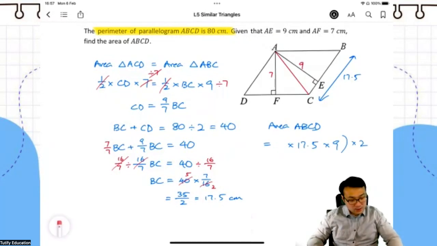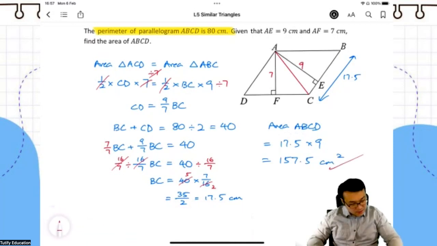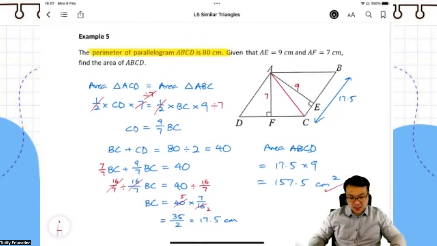Let's just take 17.5 times 9. Anyway, Kaden, just now your calculation is not correct. The final answer should be 157.5. The green triangle should be half of this, right? So this is the final answer.